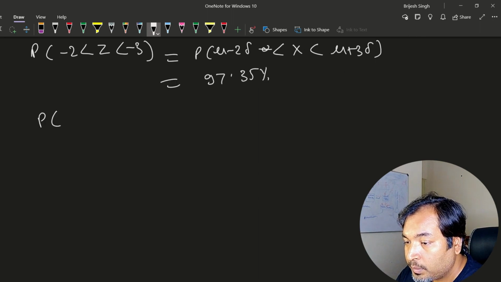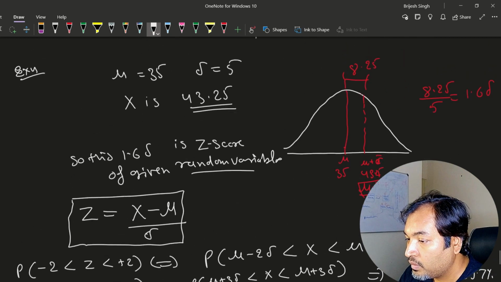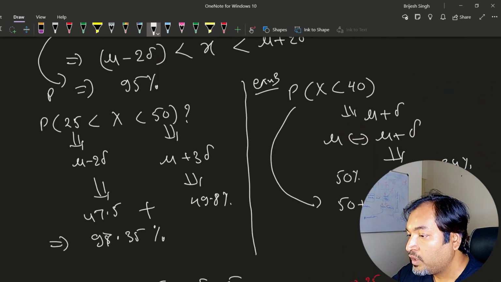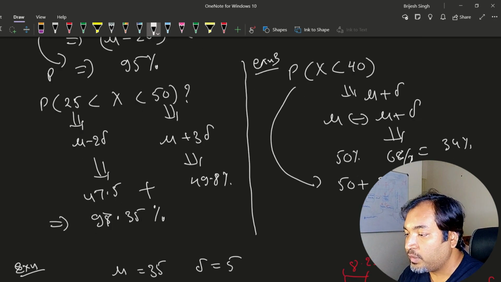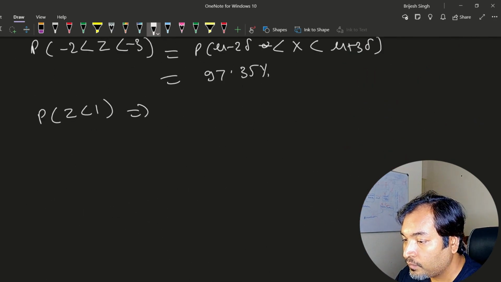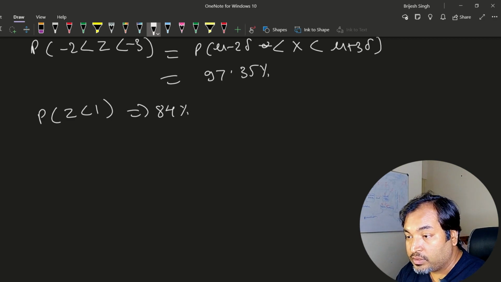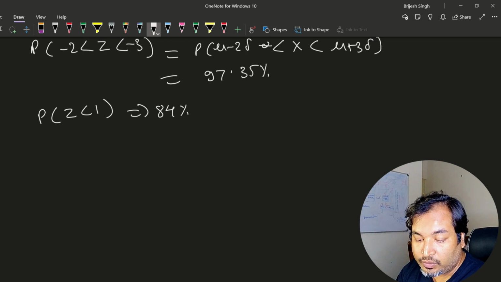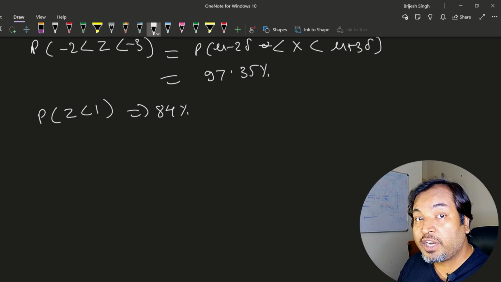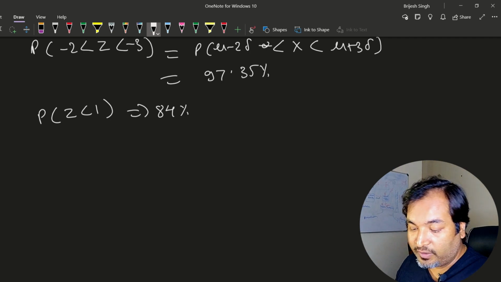Similarly, for p of z less than or equal to 1, we have, right, p of z less than or equal to 1, which means mu plus sigma, what we get is 84%. Right? So same way, if you see, this Z score is more informative as compared to the normal distribution, right?